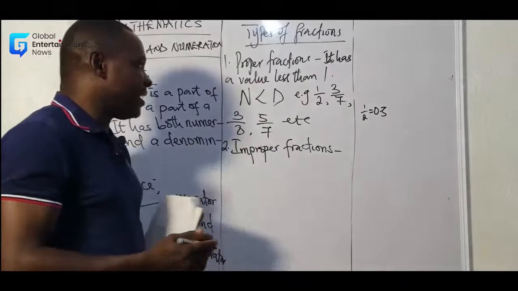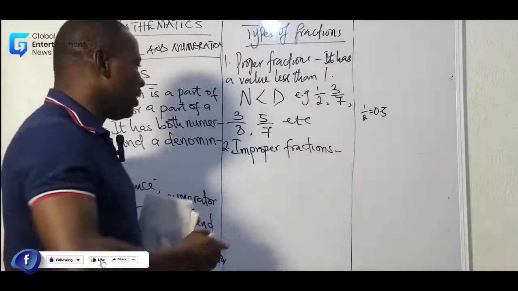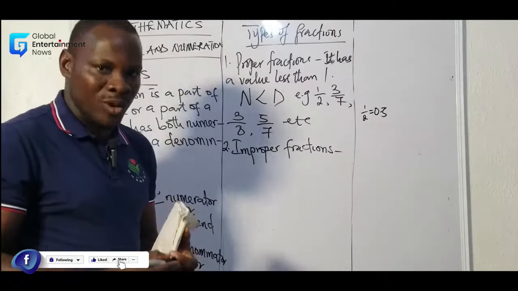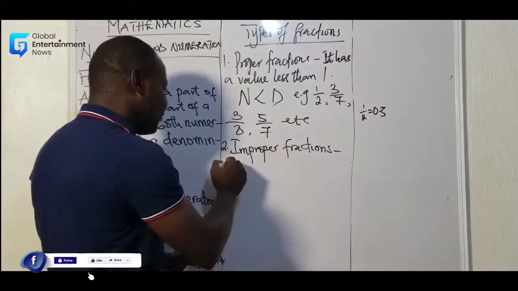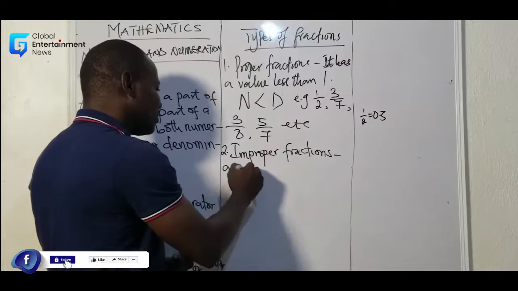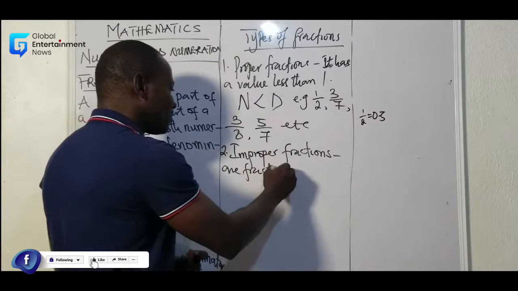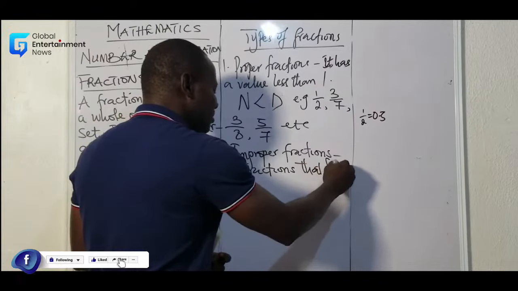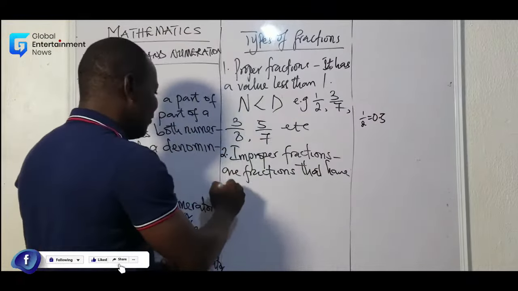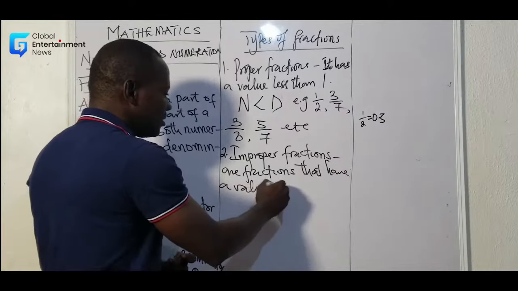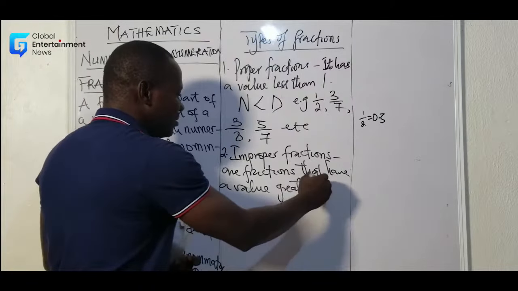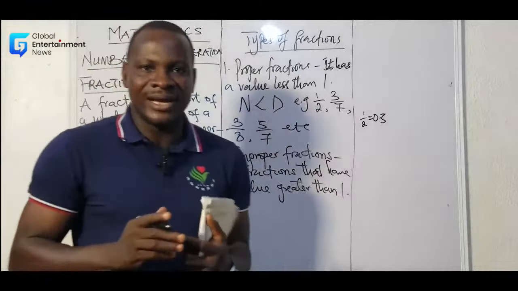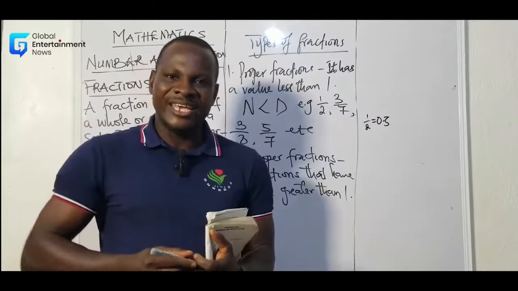You can see proper is less than 1, so improper has a value greater than 1. The value must be greater than 1. That is what we call improper.